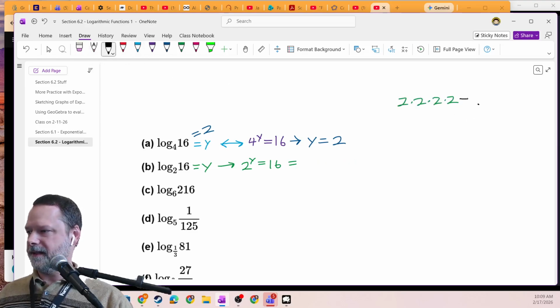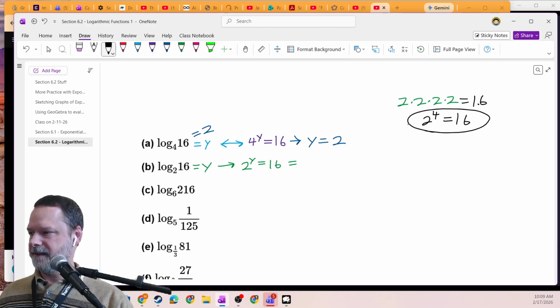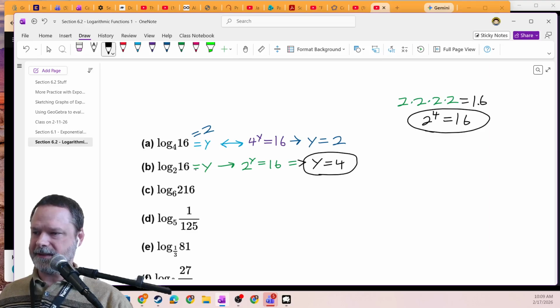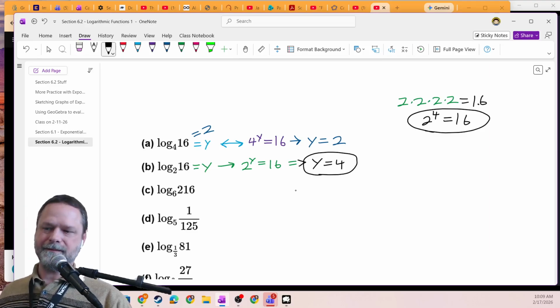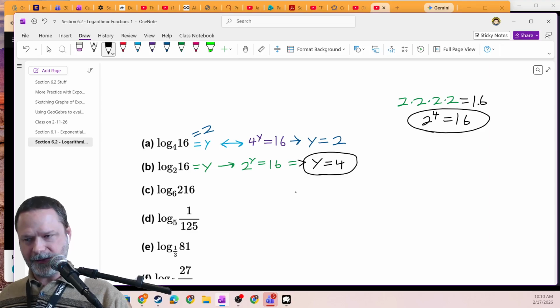I got here that equals 16. So 2 to the 4th equals 16. Again, there's an arrow. If 2 to the y equals 16, y equals 4. There we go. So in other words, log base 2 of 16 equals 4. So on and so forth.